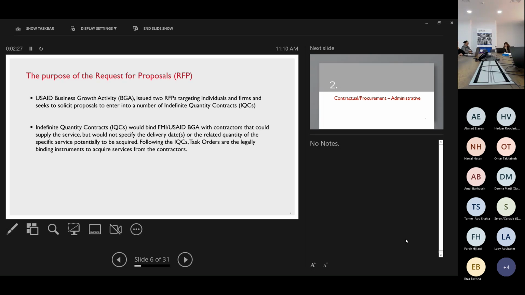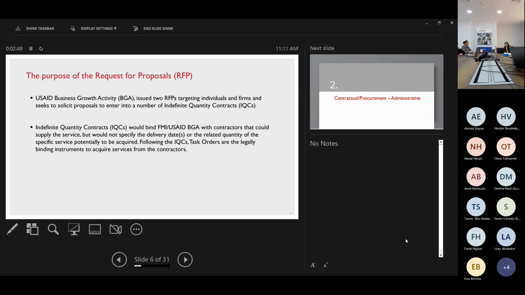The main purpose of the request for proposals, the RFP: as an activity, we issued 2 RFPs. We targeted the individuals and firms with minor changes due to the requirements. We are seeking to solicit proposals to enter into a number of indefinite quantity contracts.